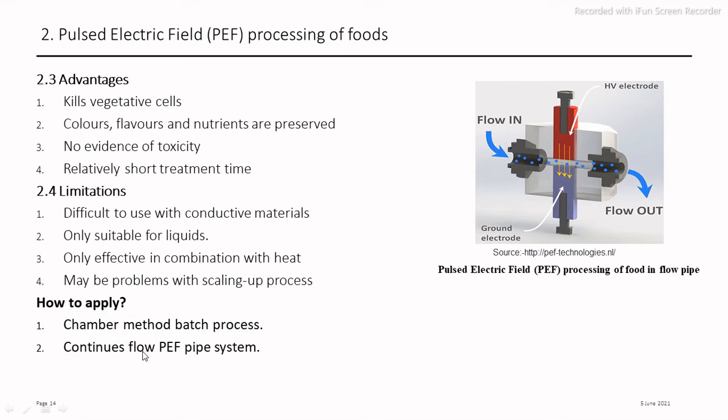In the continuous production process, you can see in this picture a pipeline through which the liquid is flowing, and this section is the pulsed electrical field section, in which plus and minus electrodes are fitted to generate pulses of high voltage electrical field. Automatic controlling devices are fitted. When the liquid food passes through this section, the pasteurization process is carried out.